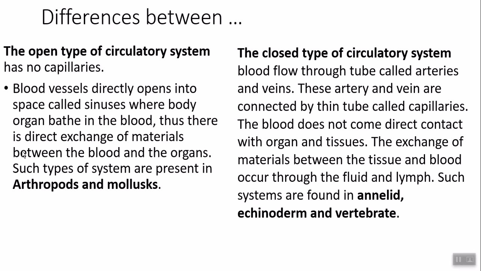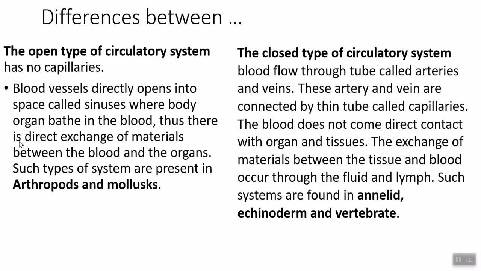Alright, now to talk about the differences between the open type and the closed type of circulatory system. The open type of circulatory system has no capillaries. The blood vessels directly open into spaces called sinuses, where the body organs bathe in the blood.